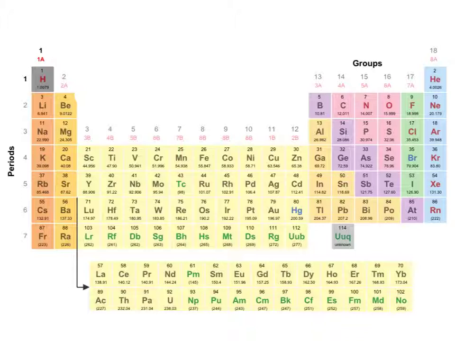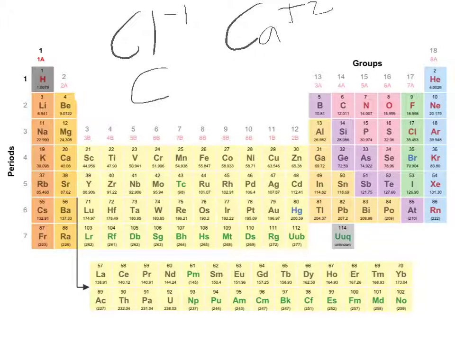Okay, so chlorine has a -1 charge, and calcium is +2. So to balance this out, it would have to be calcium, chlorine 2.